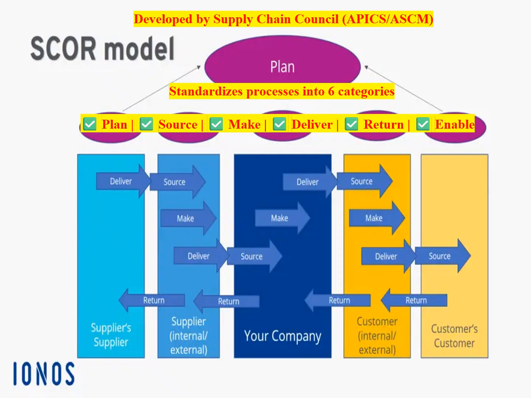The first model we will discuss is the SCOR Model, Supply Chain Operations Reference. One of the most widely recognized frameworks is the SCOR Model, developed by the Supply Chain Council, now part of ASCM.